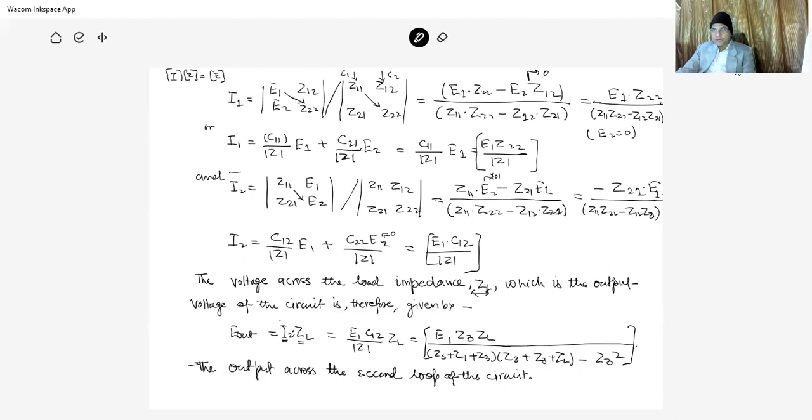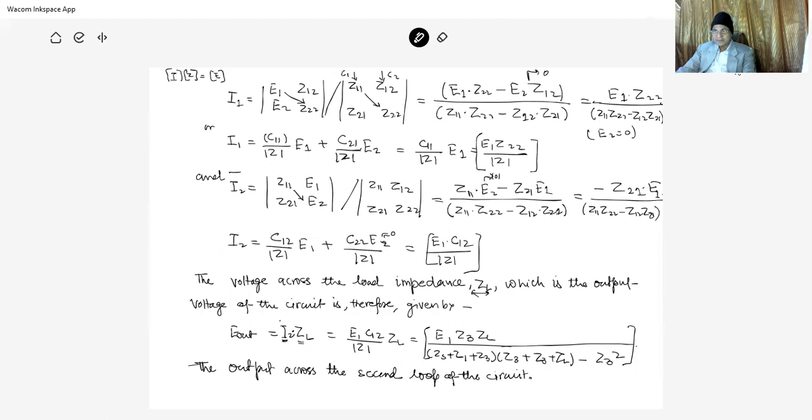If we want to find the current I1, then we replace the first column of impedance by the source values, that is E1 and E2. Similarly, if we want to find I2, the current in the second loop, then we have to replace the second column of this matrix.